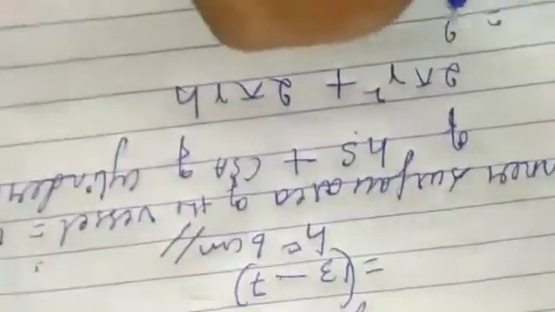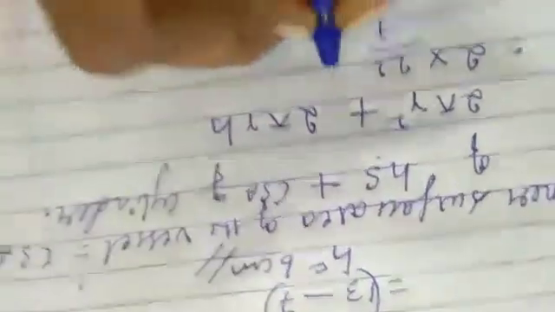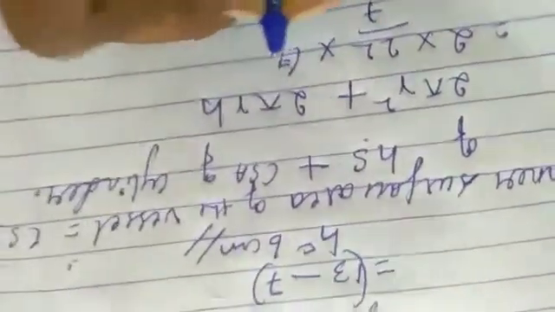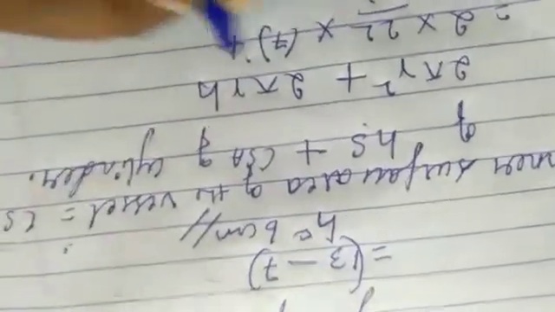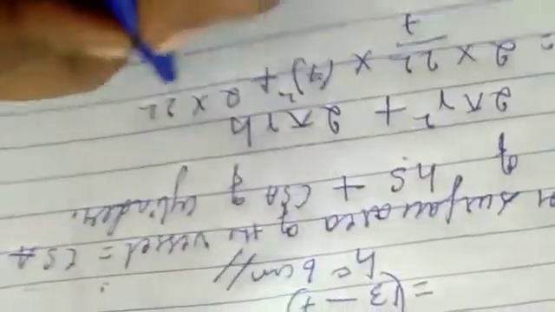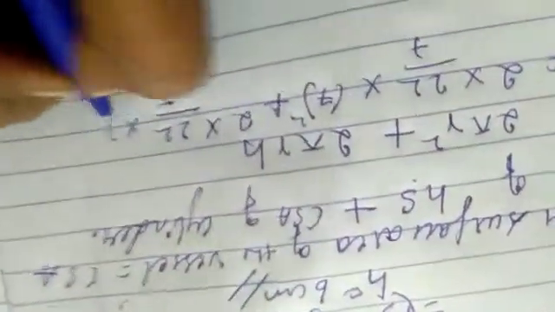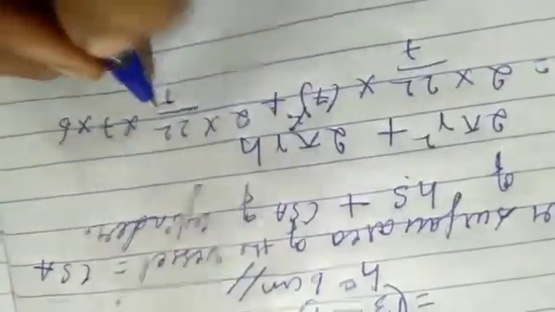That is 2 into pi, whose value is 22 by 7, into radius 7 square, plus 2 into 22 by 7 into 7 into 6. So here 7 square and 7 get cancelled.